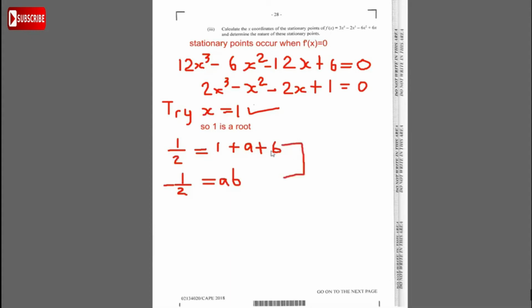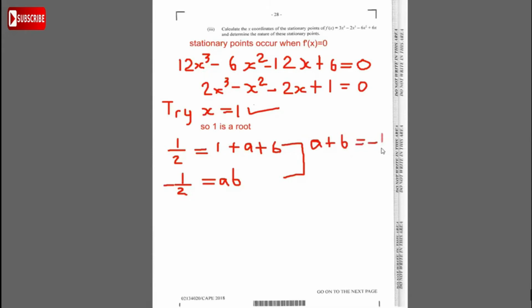From the first equation, I carry over the 1, and so a plus b is equal to a half minus 1, which is minus a half.